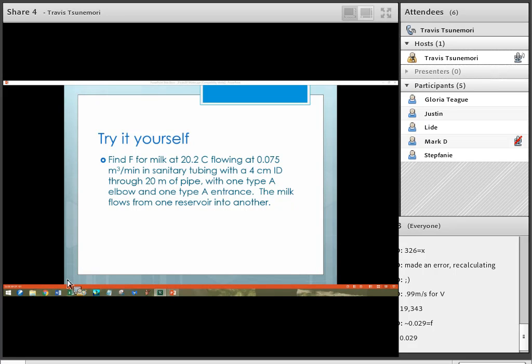Everyone has gone quiet. So the friction loss in the pipe, we've got our friction loss coefficient, so 0.029 times L over D, or 20 meters divided by 0.04 meters, times V squared over 2g, which is a little number. Let's see. 0.05 meters squared per second squared.